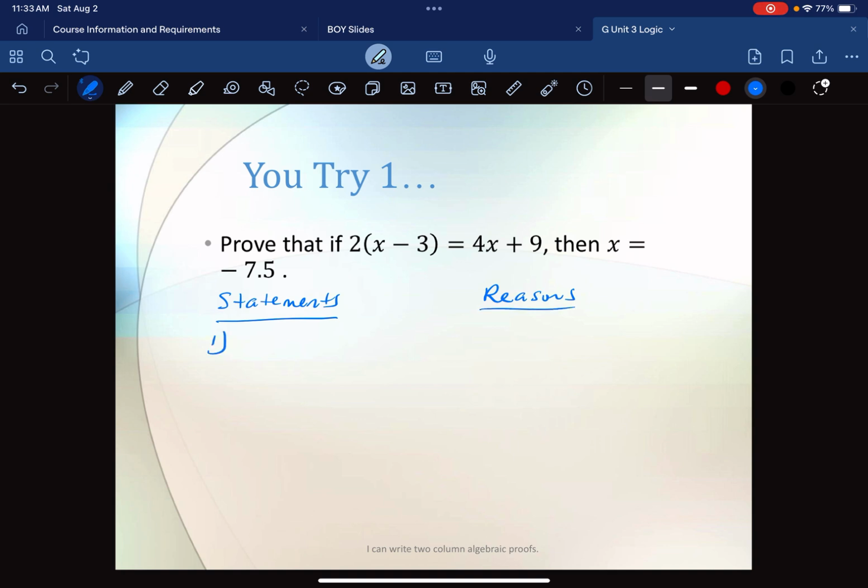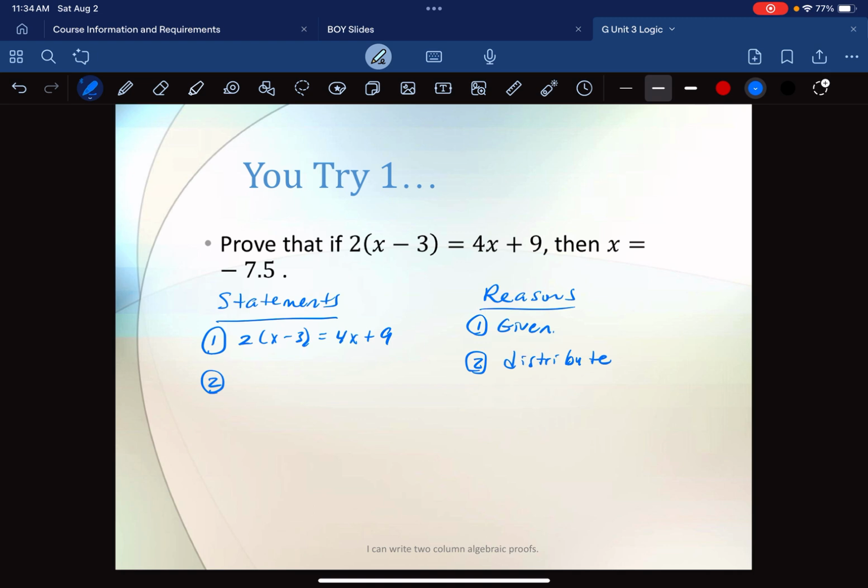And so statement 1 is just what we're given, and reason 1 is always the word given. What's the first step? If you ask yourself the first step and then just write down what your answer is, like if you say, what do you do first? Oh, I distribute. Well, guess what? That's going to be your reason.